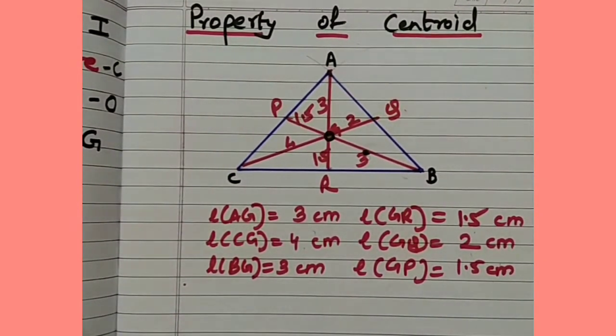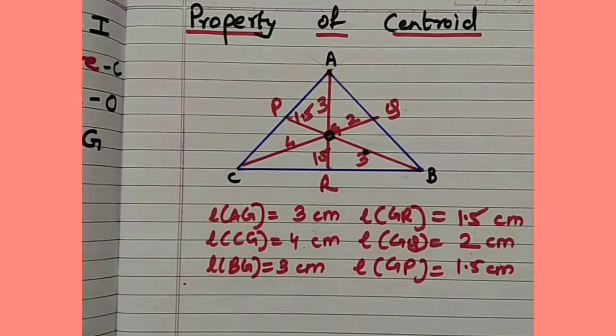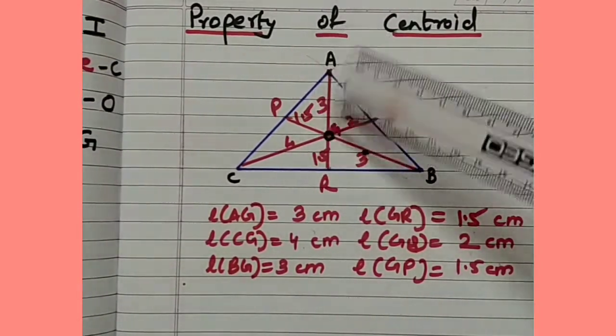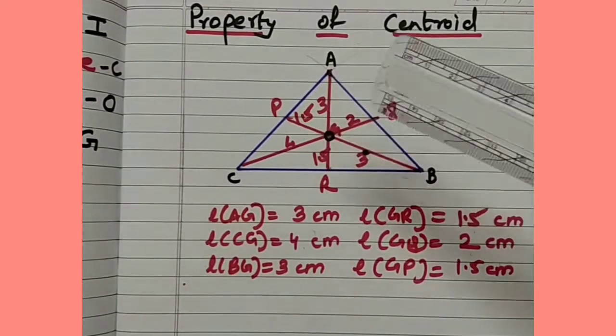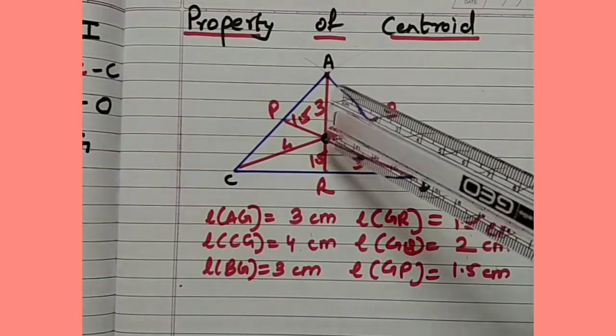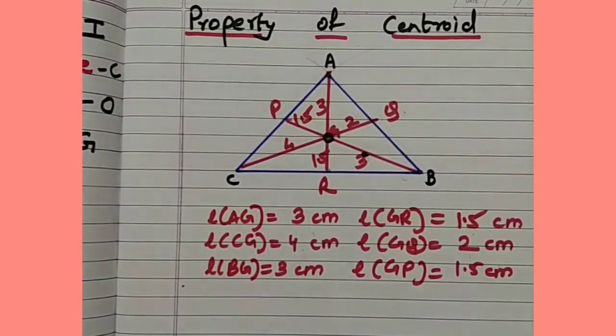So if the first part is 2, the other will be 4. If one part is 3, the other will be 6. So from here we found out that the centroid divides each median in this ratio. Now this is only for one median. AG and GR, we consider one median at a time, and we found out that it divides it into 2:1.